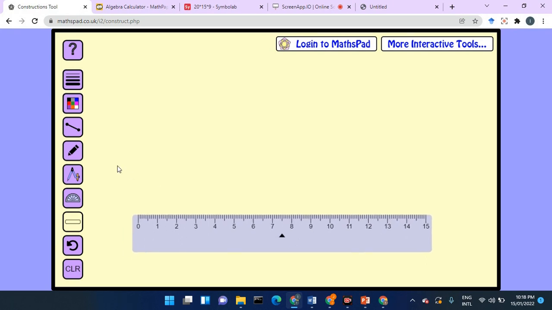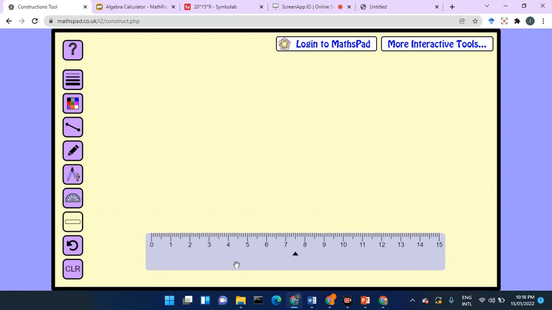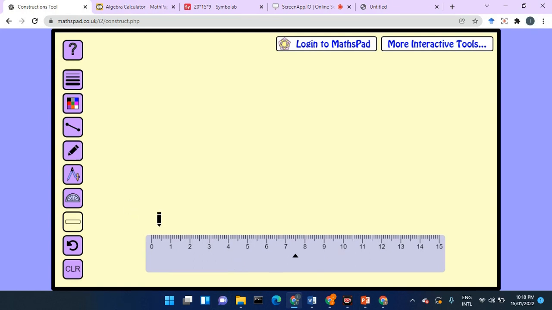What I'm going to do is draw a regular line, with no concern of how long it is, without measuring exactly 11 centimeters. We're going to draw this line and not cut it off at 11 centimeters, just draw it first.